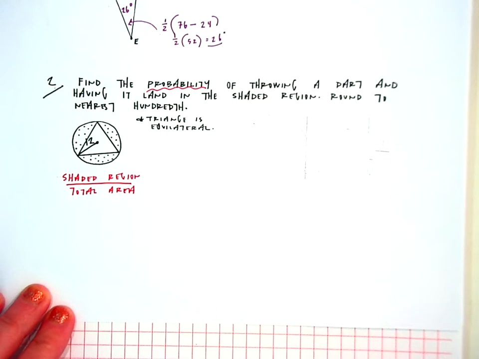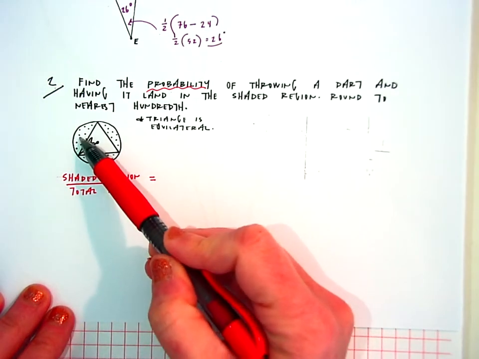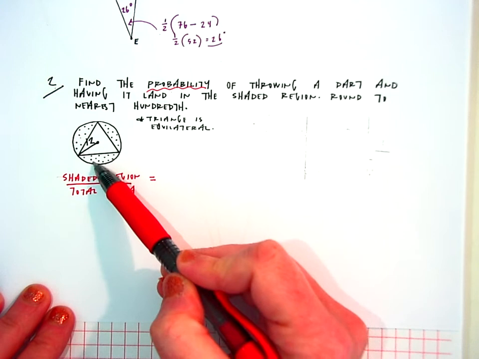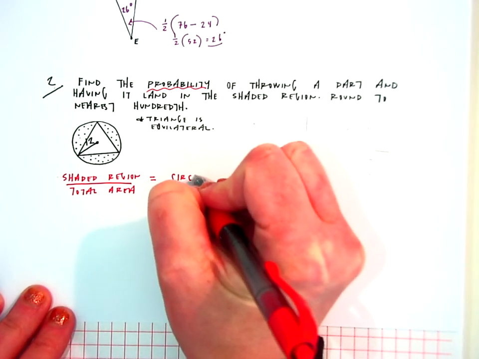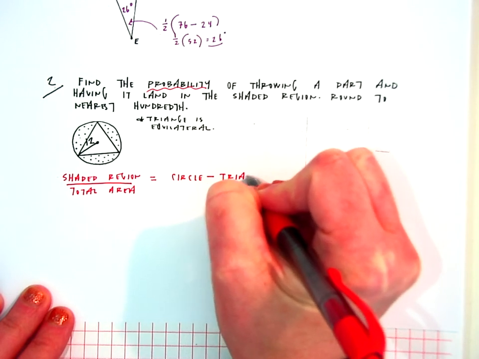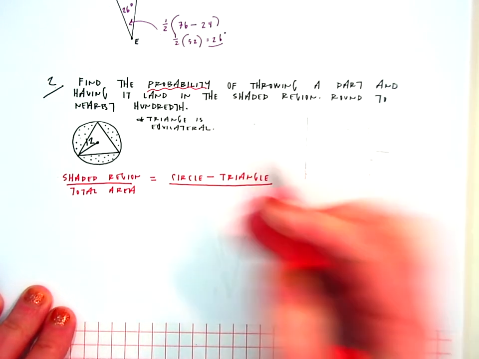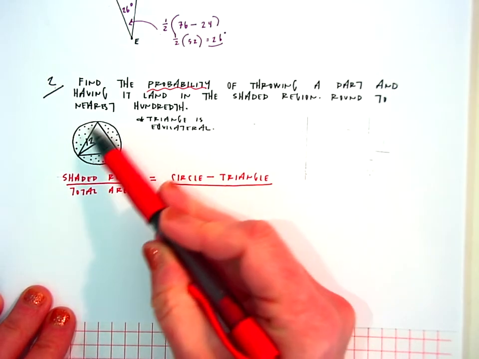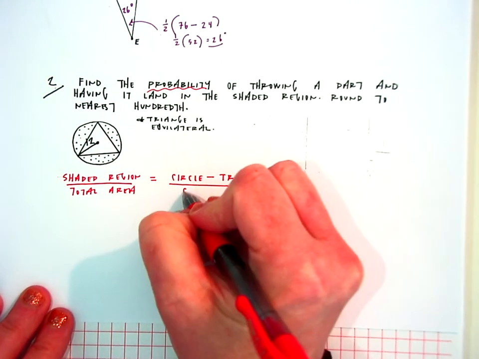So when I write out my master plan here, to get to my shaded region, here, here, I'm looking at, well, what is the circle with that hollow triangle removed? Okay, and then I'm going to divide that by my total area. So we're assuming that we at least make it on the dartboard. So this entire shape is just a circle.